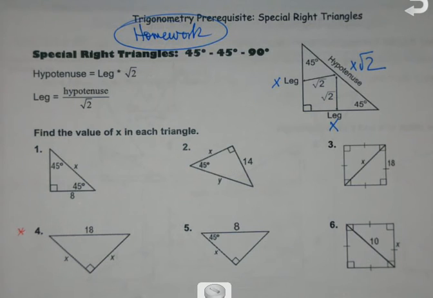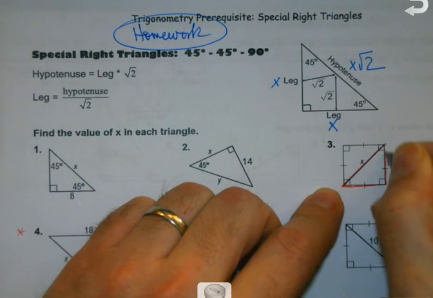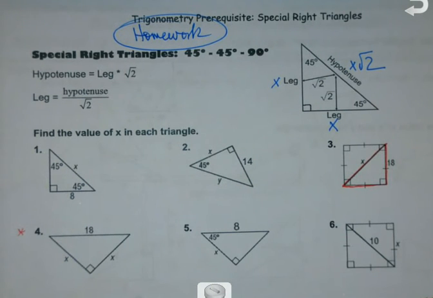So, when I dive into these, let's say I dive into number 3. You're like, that's not even a triangle, it's a square. But the diagonal cuts it into 2 triangles. So we're going to pay attention to the triangle where I have a value of a side, which is 18.